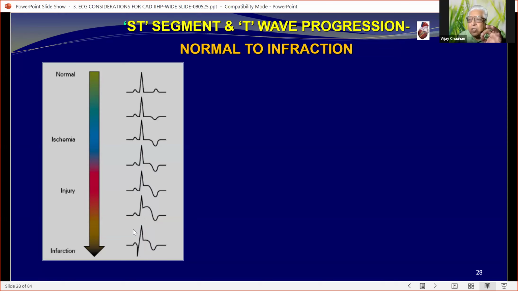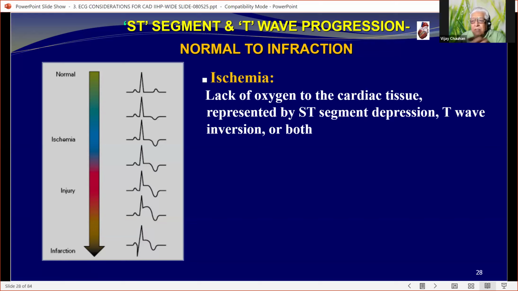All three zones are there. Whenever a tissue dies, it has got a central area of death, peripheral area is of injury, and beyond that, there is an area of ischemia, which we can see now in case of an echocardiogram.